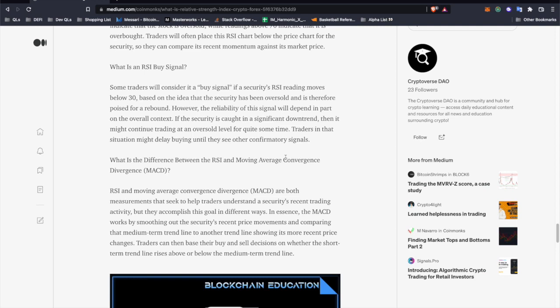Traders in that situation would probably delay buying until they see other confirming signals. Absolutely, one indicator should never be the sole deciding factor in whether you take a trade or what the nature of that trade is.